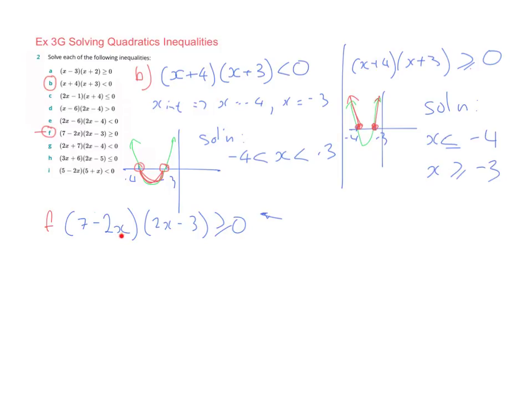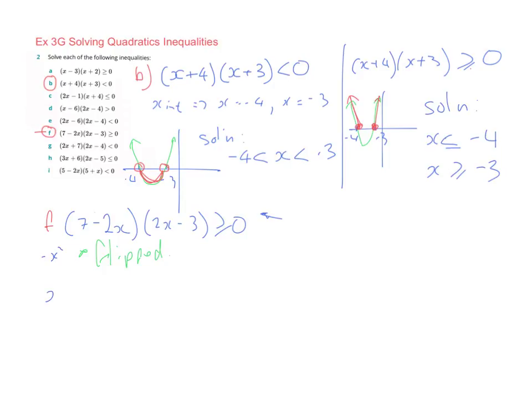So this is slightly different. If I expanded all of that out, I would get a negative x squared, so I know this is going to be a flipped graph, so I'm keeping that there to remind me.